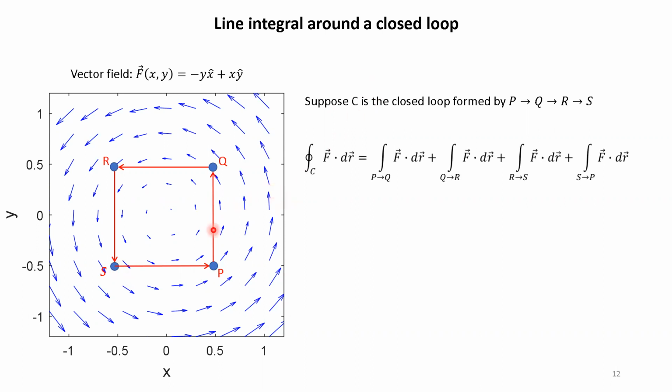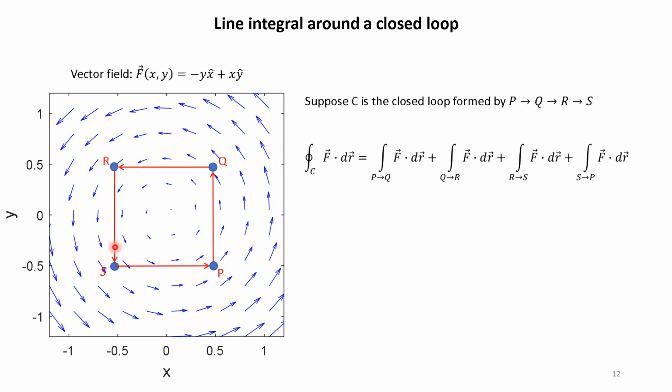If I want to find the line integral over this closed loop, you are going to do the line integrals 4 times, if it's a square. From P to Q, you know how to do. From Q to R, we also talked about it.